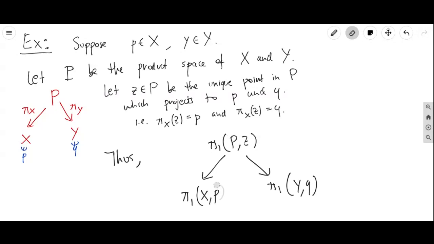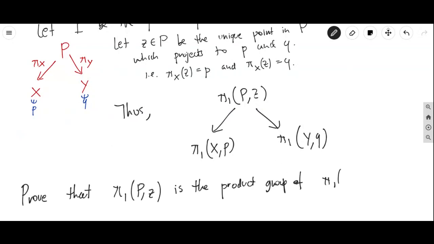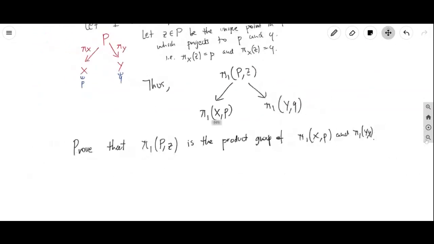So look at that. We have a group that projects to those two. So you can suspect, is this group the product of those two? And the exercise is to prove that pi 1 of P at this point Z is the product group of pi 1 of X at P and pi 1 of Y at Q. So this is what you're going to prove.